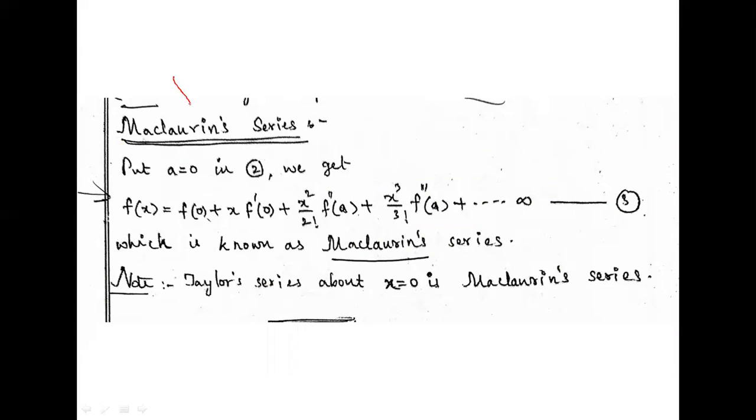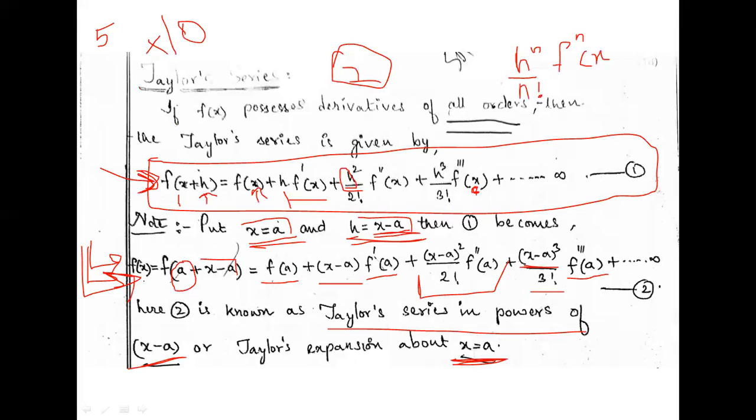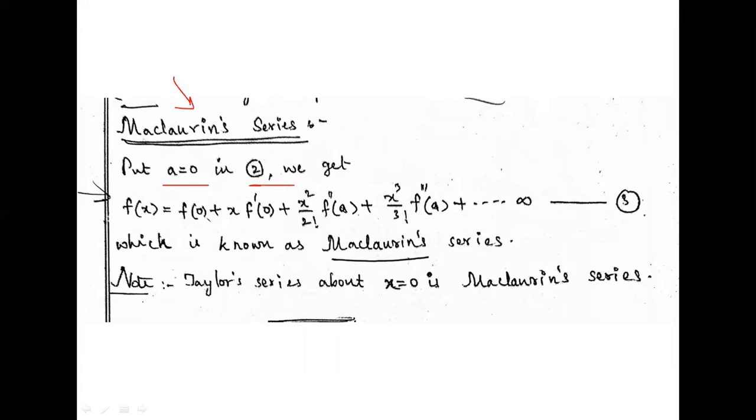Next is Maclaurin series. For Maclaurin series, you have to put x is equal to a is equal to 0 in equation 2, which we just derived. We are going to derive one more equation, that will be your Maclaurin series. Instead of a, if we put 0, then f of 0 plus x into f dash of 0 plus x square by 2 factorial into f double dash of 0.